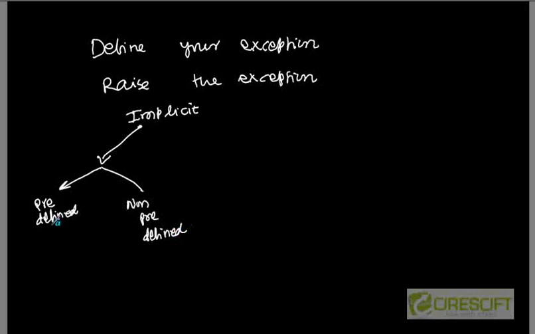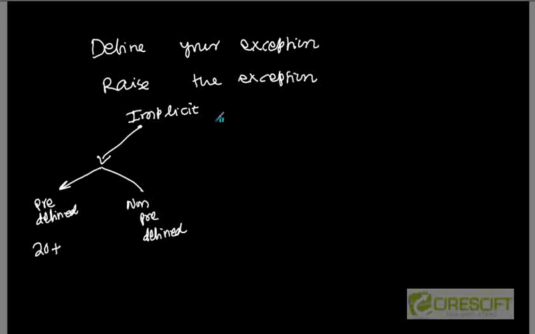In predefined PL/SQL exceptions, you don't have to declare anything. About 20 plus common errors are trapped by using predefined exceptions, which Oracle does automatically. But for other errors, you have to declare an exception and associate that exception to a particular error, and whenever that error occurs, Oracle will automatically raise that exception.